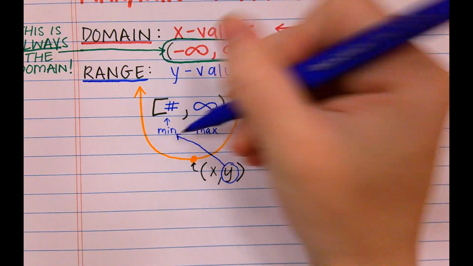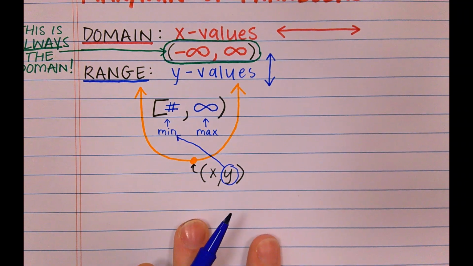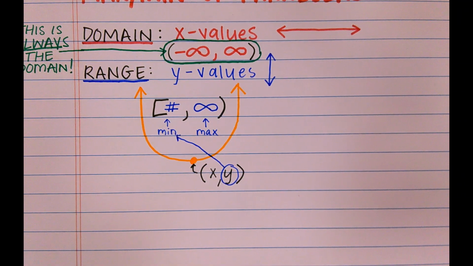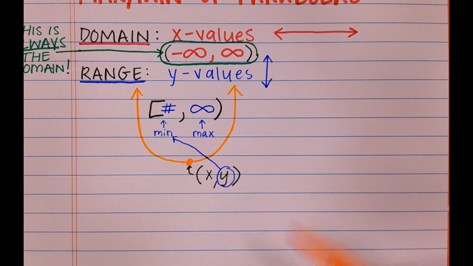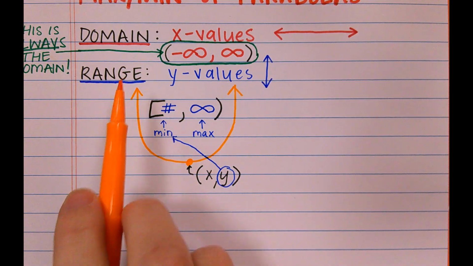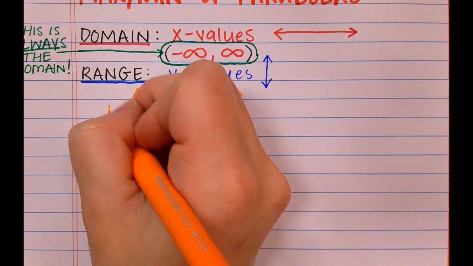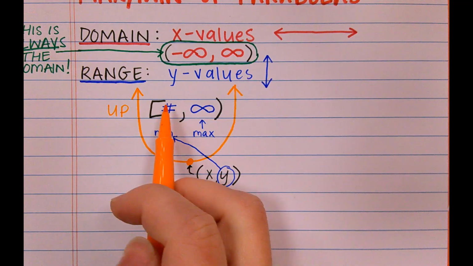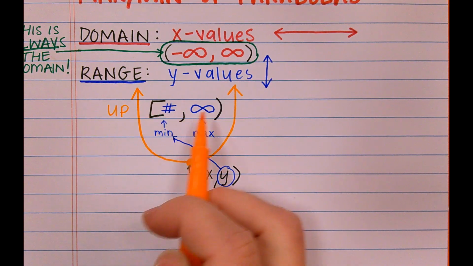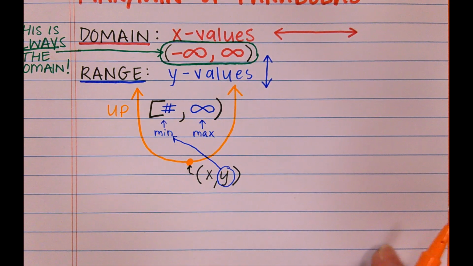How we get that, I'll show you some examples of this in a moment. So this is our first option for the range. If it faces up, then we'll have bracket number to infinity, parenthesis.